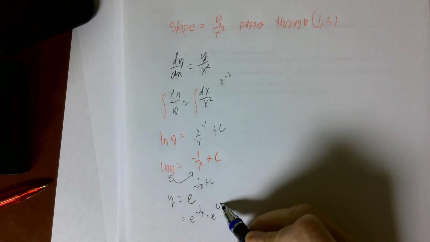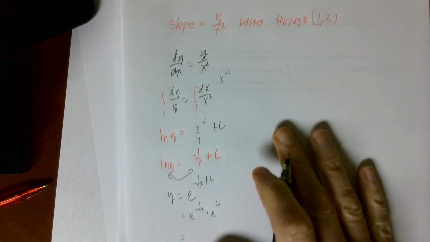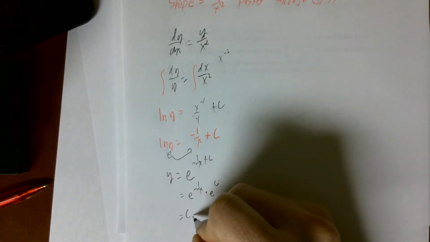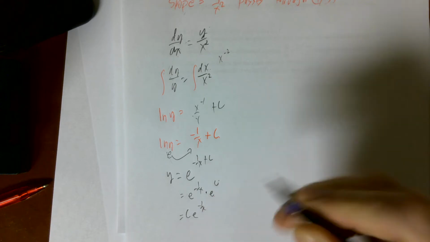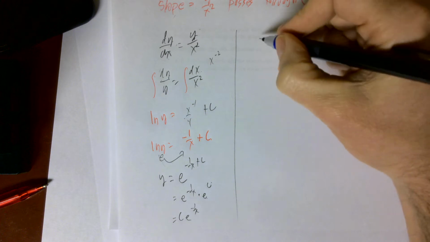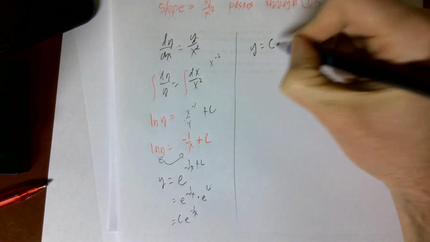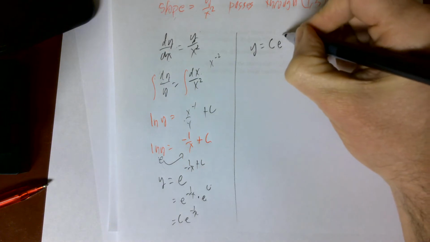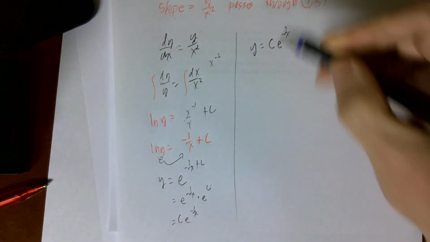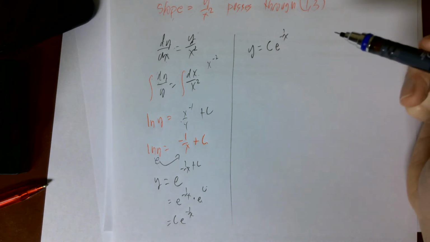And e to a number you don't know is just one big number I don't know. When we write that in front, we end up with c e to the negative 1 over x. So I'm looking at y is equal to c e to the negative 1 over x. So here is our general solution.